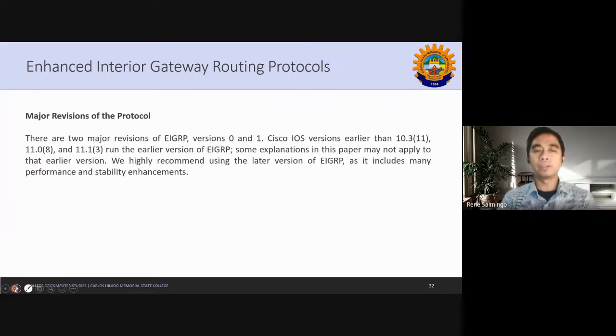Enhanced Interior Gateway Routing Protocol is used by Cisco most of the time. This paper does not apply to earlier versions, because this version already includes enhancements on performance and stability.